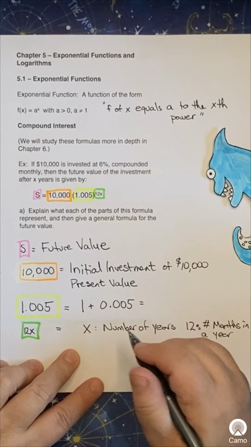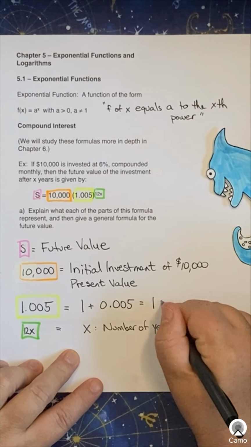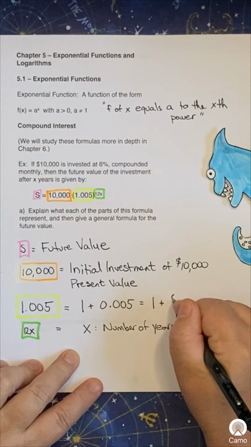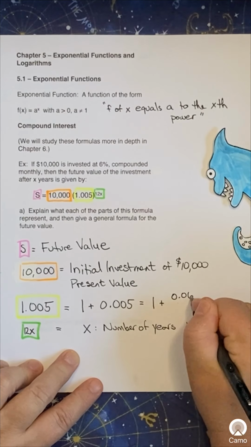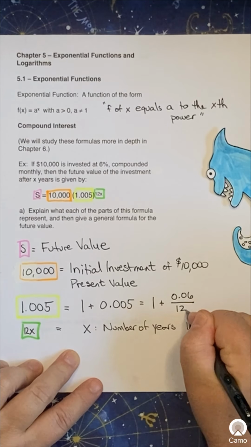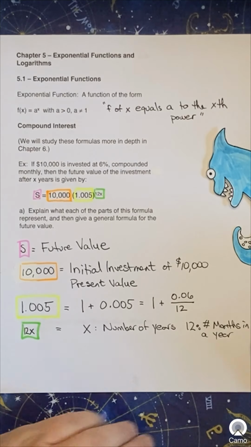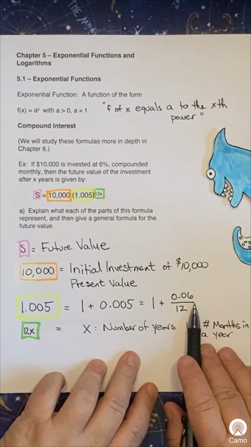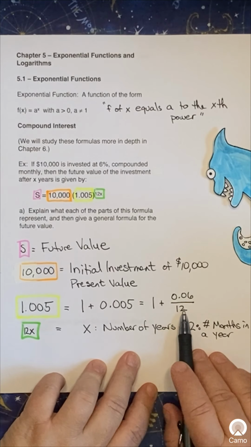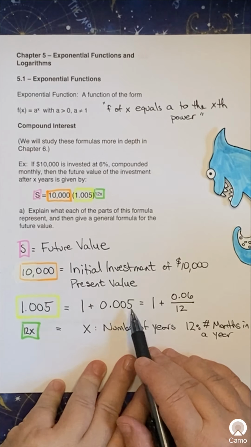And I'm going to say that's 1 plus 0.06 over 12. And then you're going to say, what? And I'm going to say, exactly. Why is this happening? And you can check this on your calculator. 0.06 divided by 12 is 0.005.